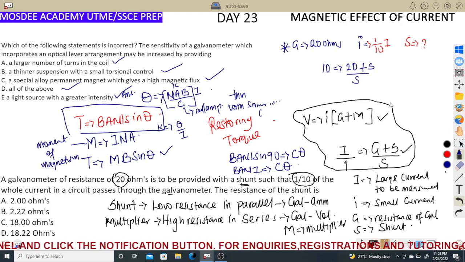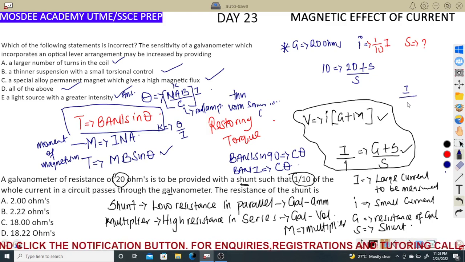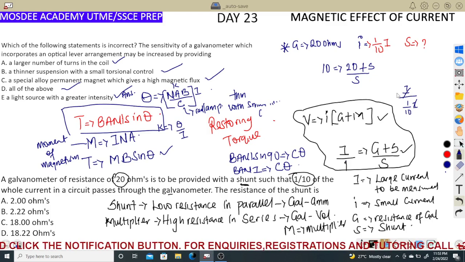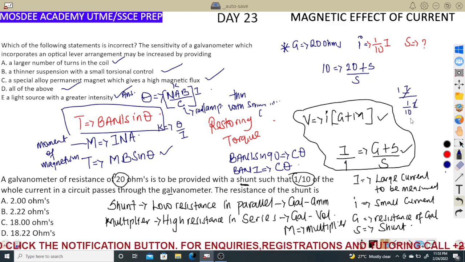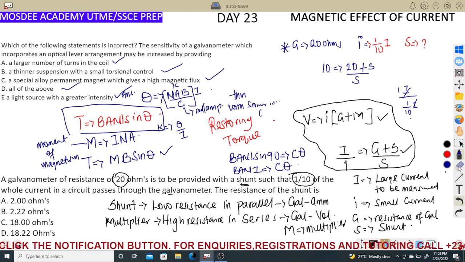Small letter i is 1/10 of capital letter I, so I over 1/10 of I, the I's cancel out, and you have 1 over 1/10, which gives you 10. That's how you come about that.